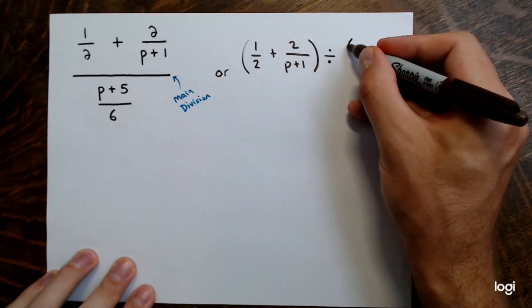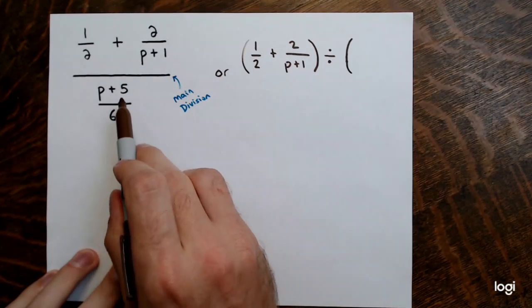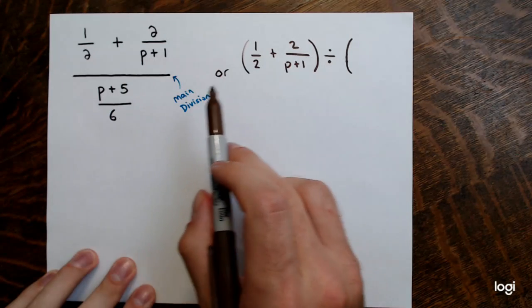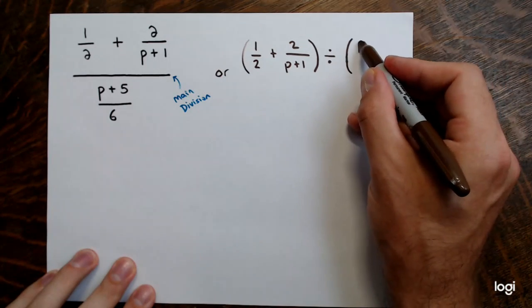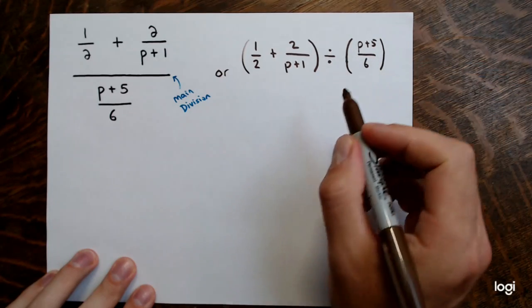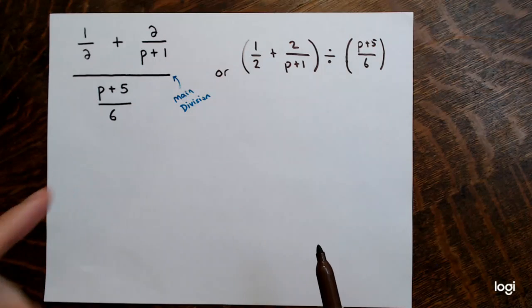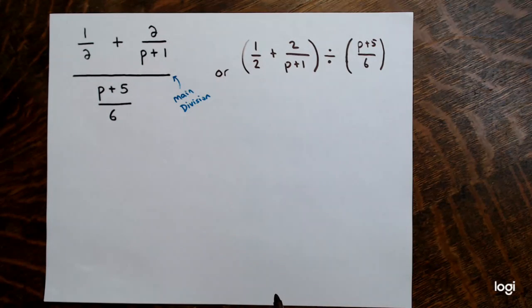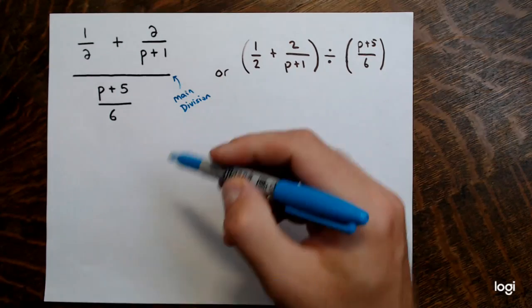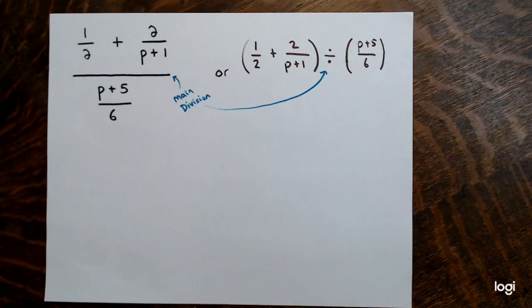And then this denominator, I guess it's already a single fraction, so I don't really need the parentheses, but I have p plus 5 divided by 6, right? It's already just a single fraction, not the sum of two fractions. It doesn't have two terms, it just has one term. So I don't really need the parentheses around it, but I could write it like this. And again, the main division is right there, that symbolizes that bar.